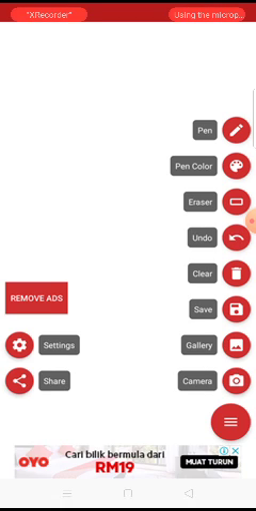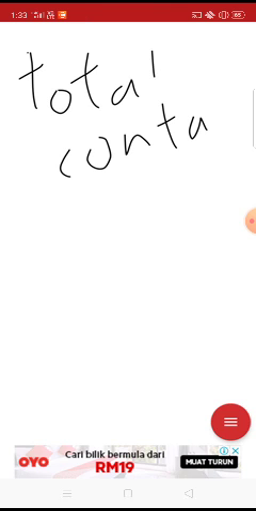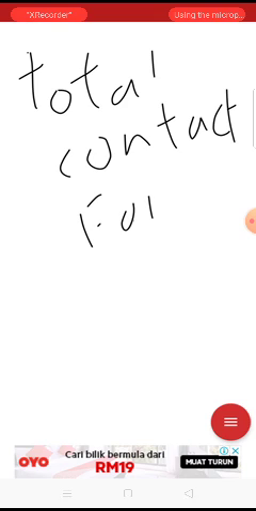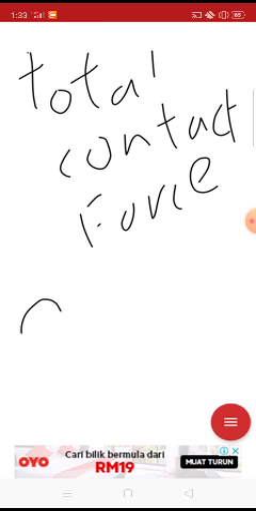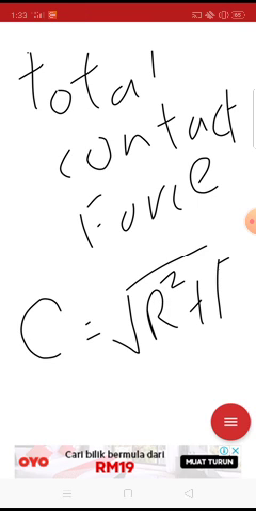Another term that we will use is total contact force. We can define total contact force as C equals the square root of R squared plus F squared. The total contact force depends on the situation.